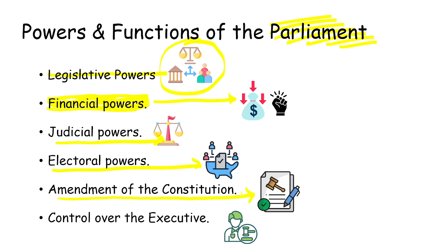Parliament has the power to amend the constitution, and control over the executive. So there are these 6 important powers and functions of parliament: legislative powers, financial powers, judicial powers, electoral powers, amendment of the constitution, and control over the executive.